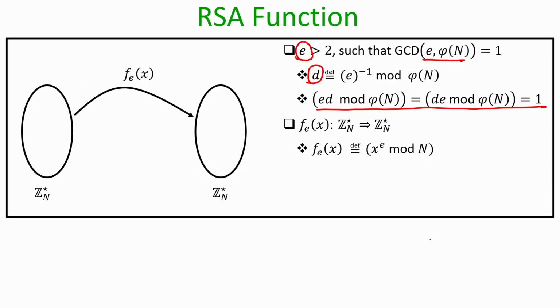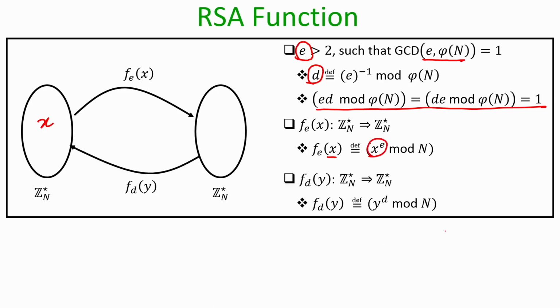Since e and d are multiplicative inverses of each other, this relationship holds. Now, the RSA function in the forward direction is the following. If I want to compute the output of the RSA function for x, that is the same as computing x to the power e modulo n, right. Remember x is a member of Zn star, and hence x to the power e modulo n will also be an element of Zn star, because my underlying operation is multiplication modulo n and x power e is like performing the group exponentiation.